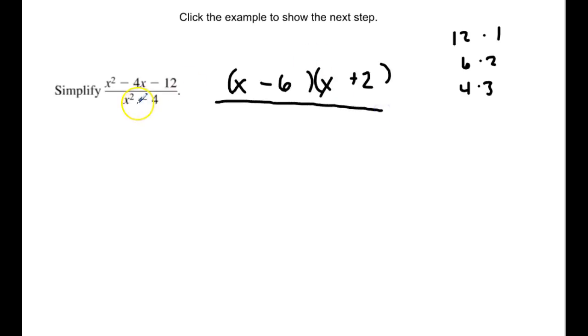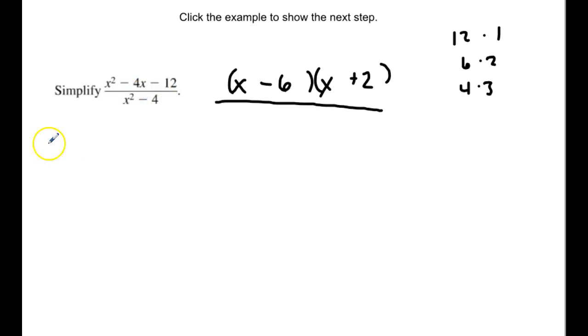Now let's look at the denominator. I am also going to have to factor this. This looks like one of my special properties, because I know the square root of the first part and the square root of the second part, and I'm subtracting. This is what we call the difference of two squares.